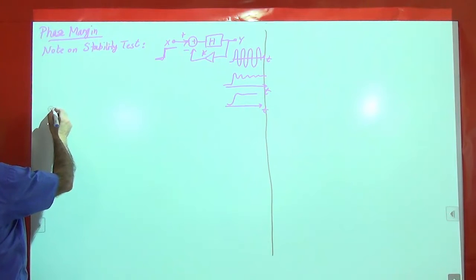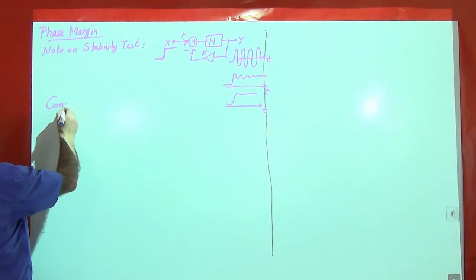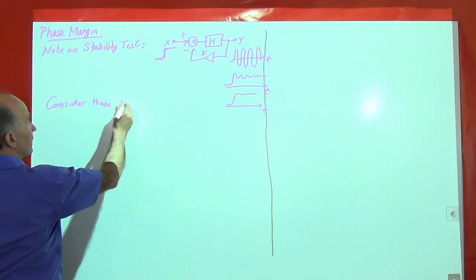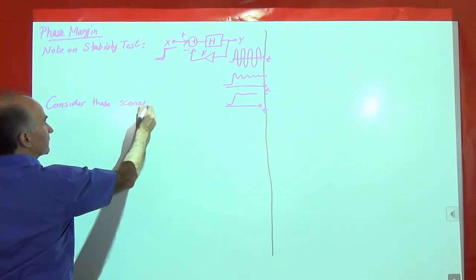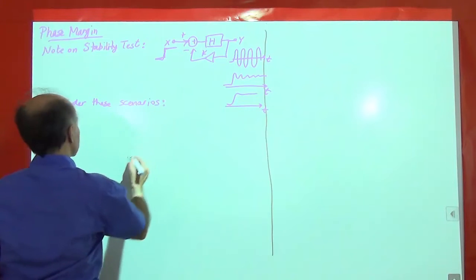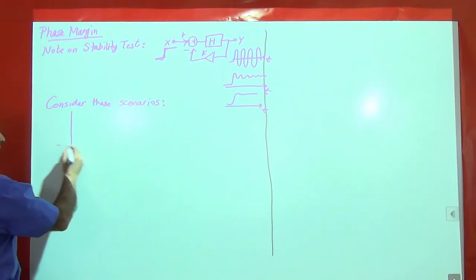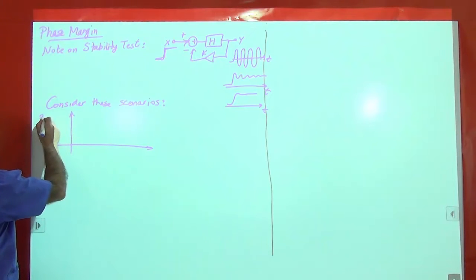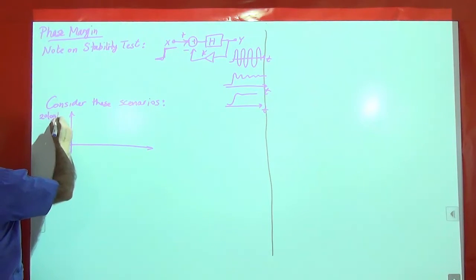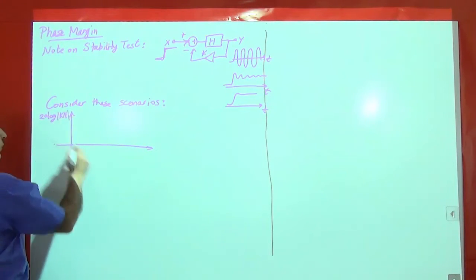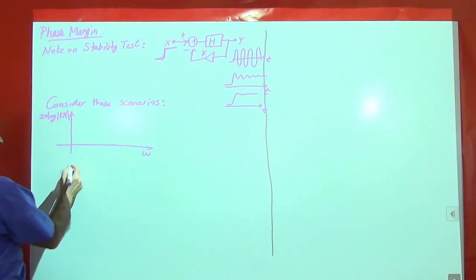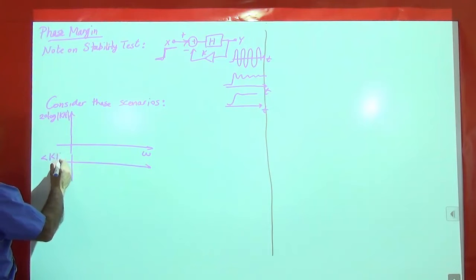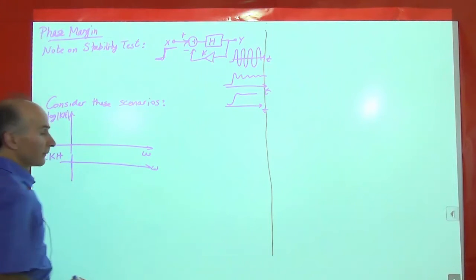Okay, so consider these scenarios. Remember the three scenarios I showed you last time? So I'll take a look at some of them again. 20 log of KH as a function of omega, and then the phase of KH as a function of omega.